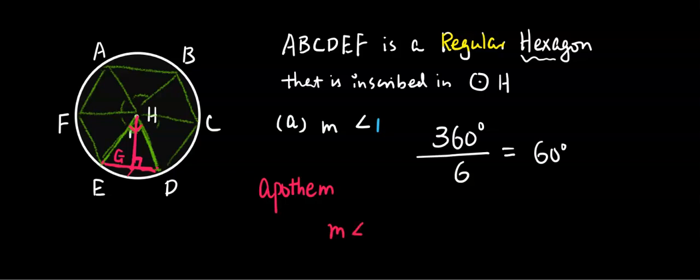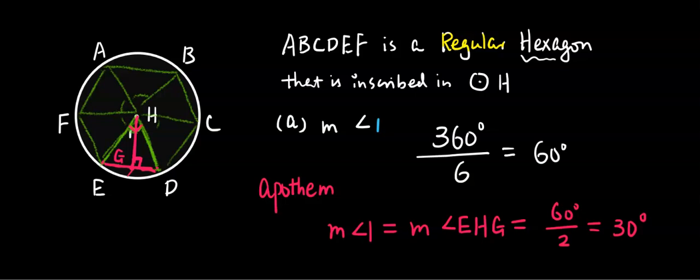Therefore, the measure of angle 1 is the measure of angle EHG, which is 60 divided by 2, because of being bisected, so it is 30 degrees.